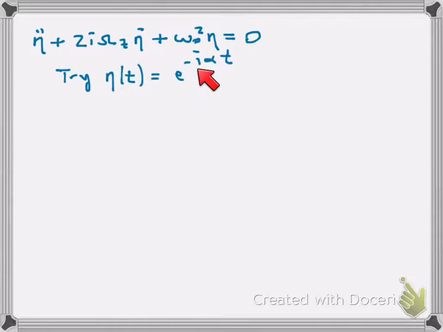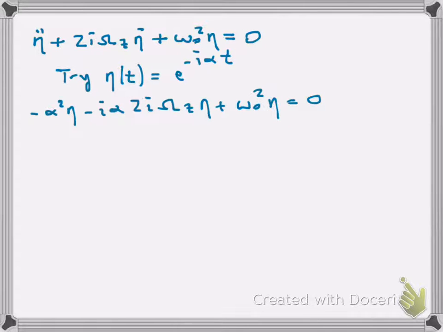and that's going to give us minus i times i times alpha. So minus i times minus i, the minus and the minus make plus, but i times i makes minus 1. So that makes minus alpha squared. So let's see that come out. I have the minus alpha squared eta.